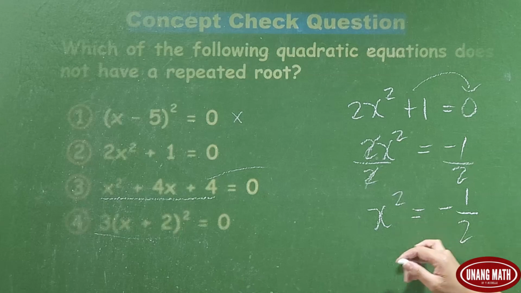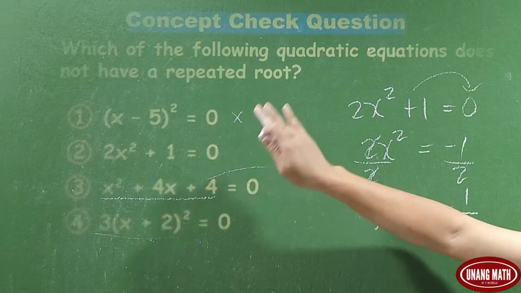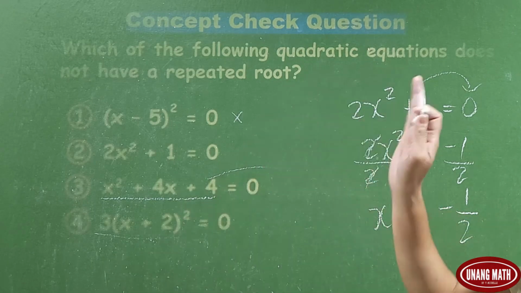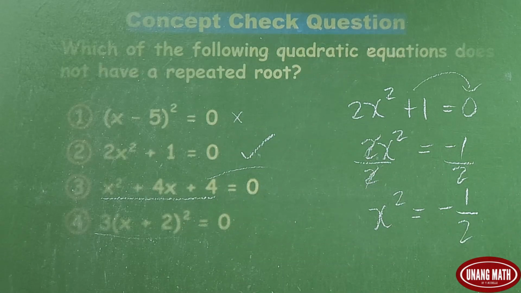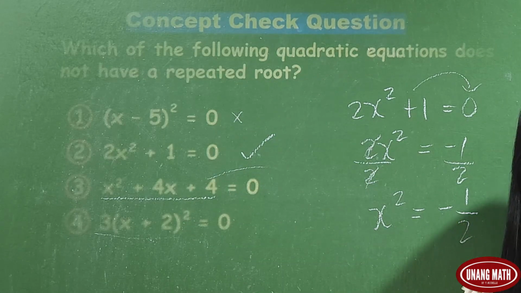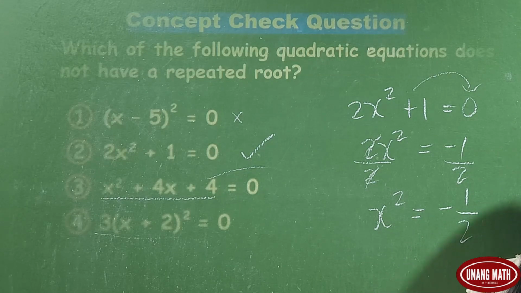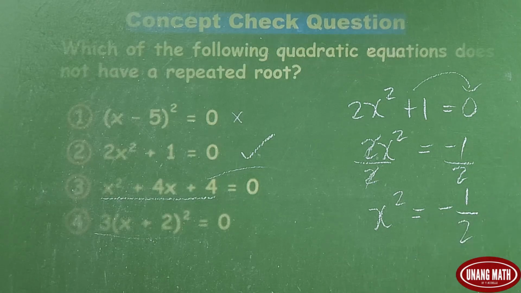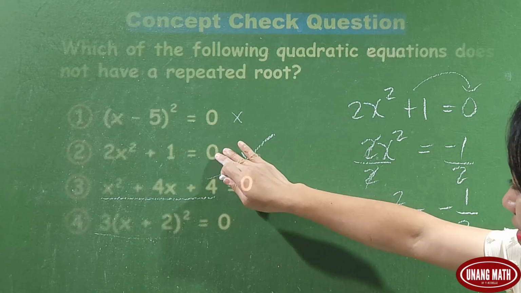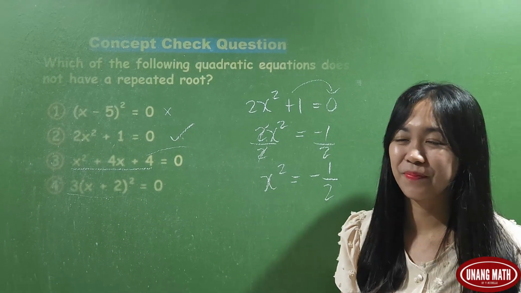So this quadratic equation doesn't have a solution, which means this is the answer we're looking for. Take note, I mentioned in our previous episode that a quadratic equation can have two solutions, one solution, or no solution. So in this case, this quadratic equation doesn't have a solution.